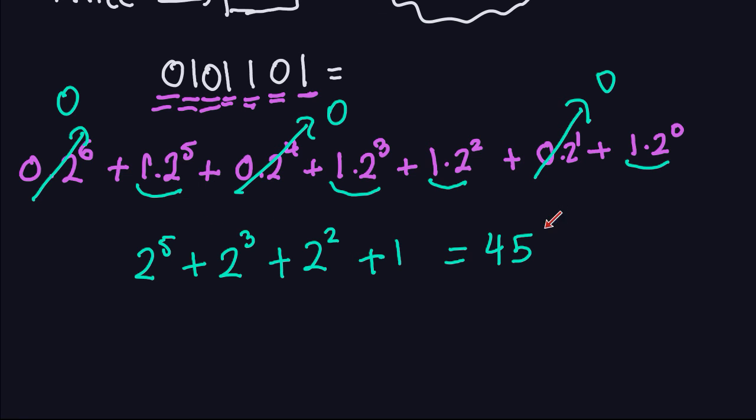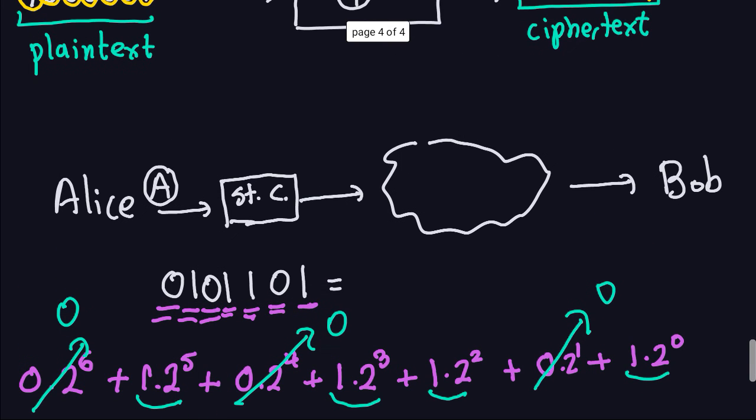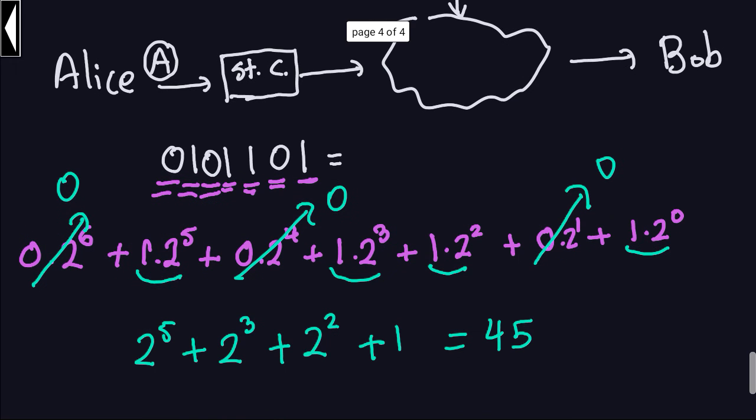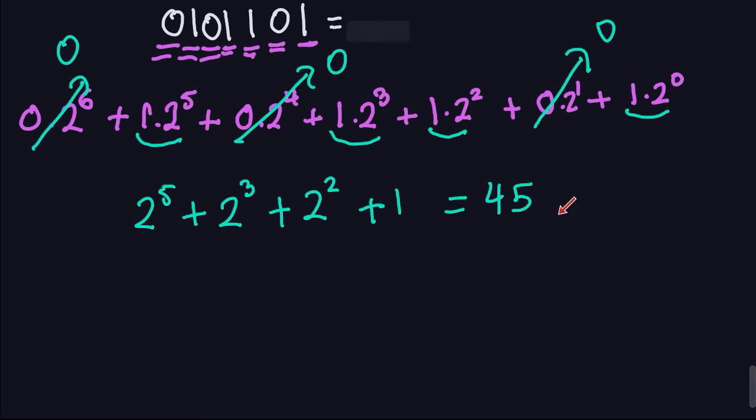So that 45 is basically the number that goes through the insecure channel. Now, if someone is looking at this, which is always the case because Eve is always listening, she's going to see this number, or basically the ASCII representation of something. If you look up the ASCII table for 45, that's the hyphen, or minus sign.